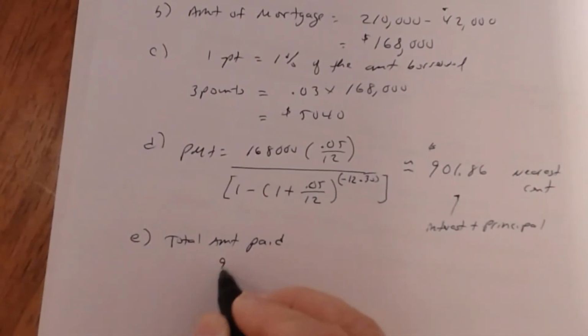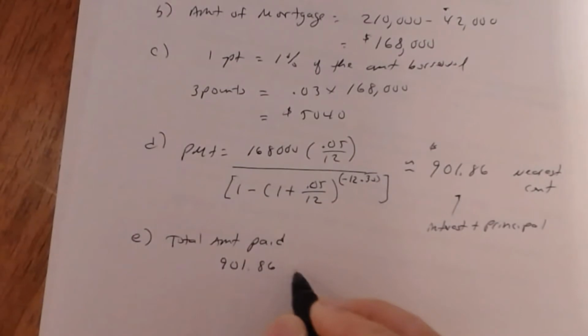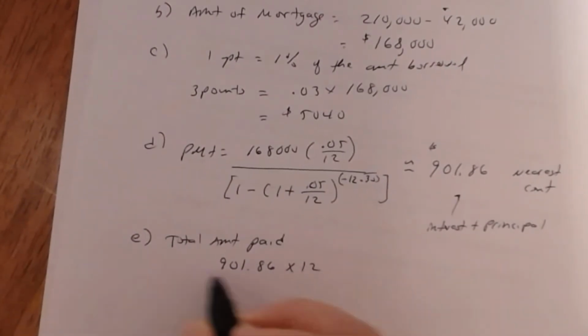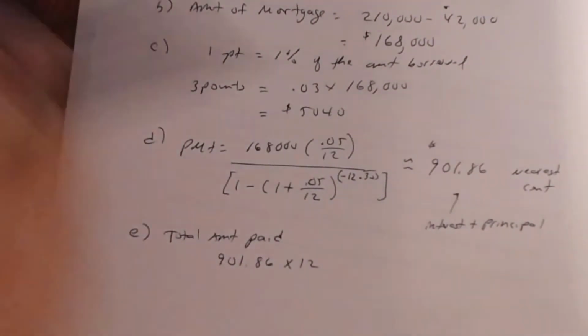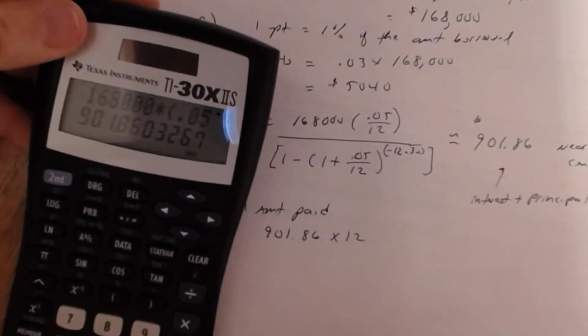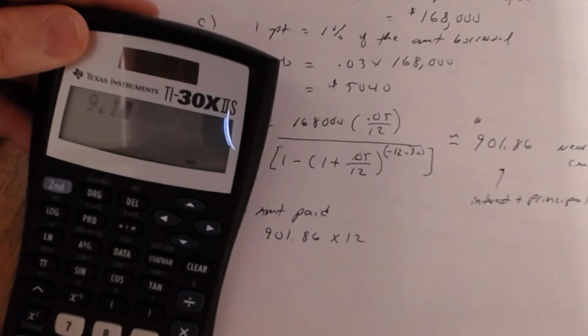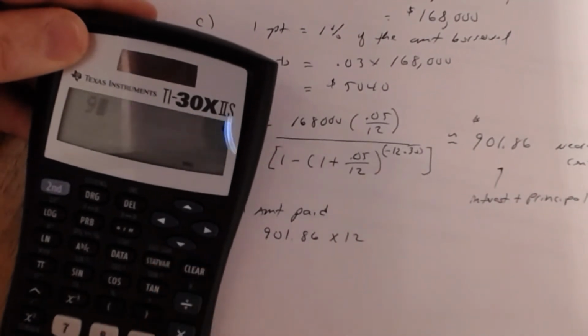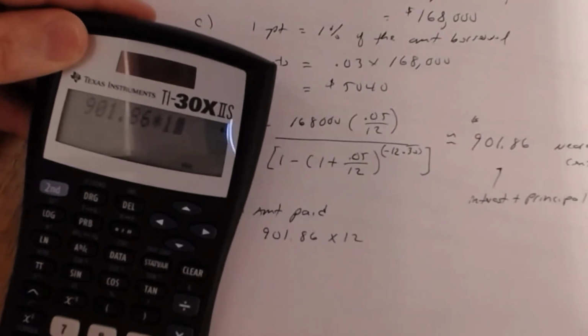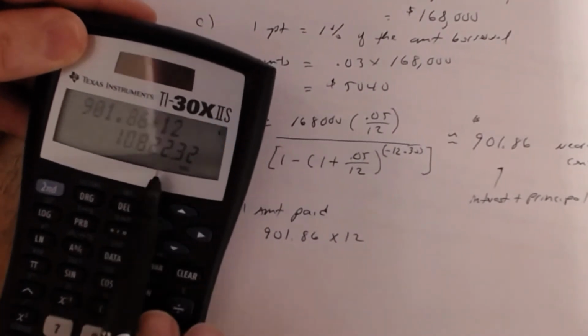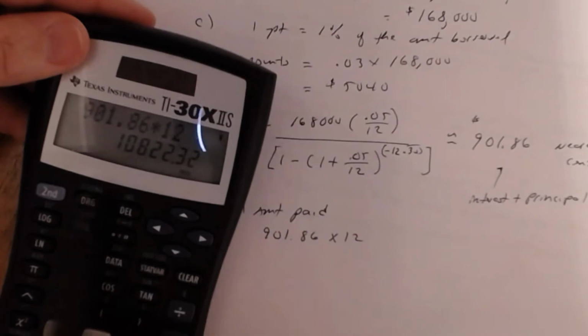So that's going to be $901.86 per month times 12 months. So that's 1 year. Whatever that is, that's how much you pay in 1 year. So if you want to look at that, that's a pretty substantial amount. $901.86 times 12, so that's almost $11,000.